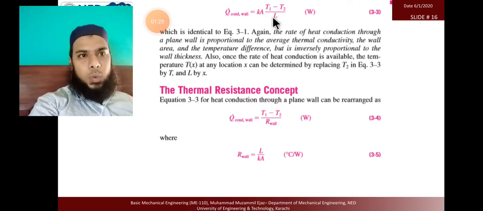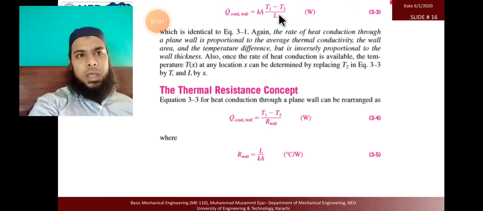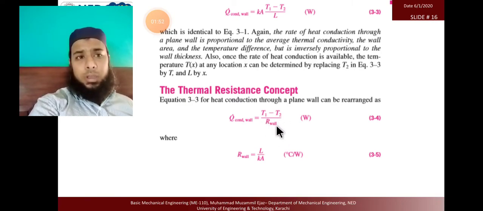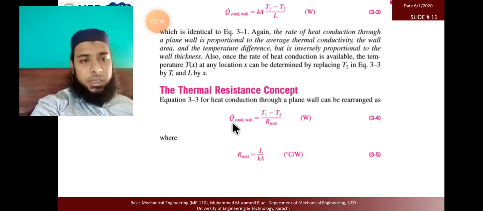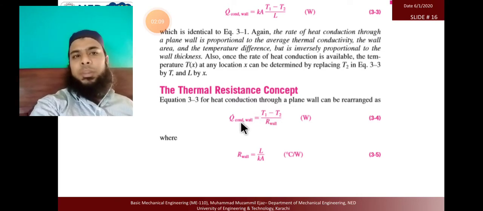So if we take these fixed parameters as an overall resistance, then we can write Q conduction of the wall as the temperature difference T1 minus T2 over the resistance. The heat transfer is directly proportional to the temperature difference: the greater the temperature difference, the greater the heat transfer.